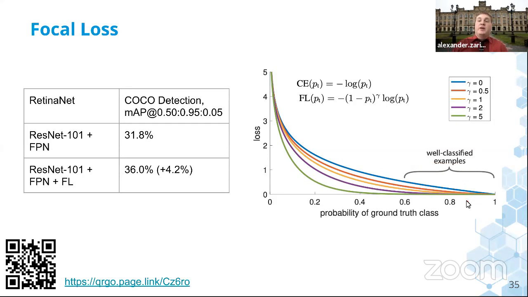But when we apply our optimization algorithm like SGD or Adam, such a vast majority of easy-to-classify regions starts to overwhelm the optimization process.